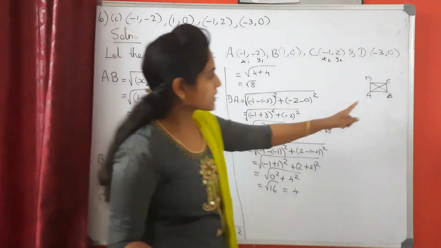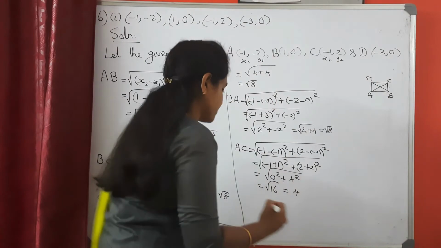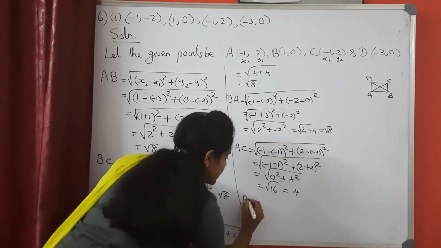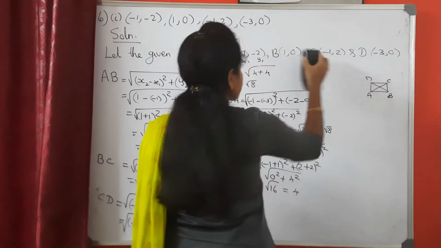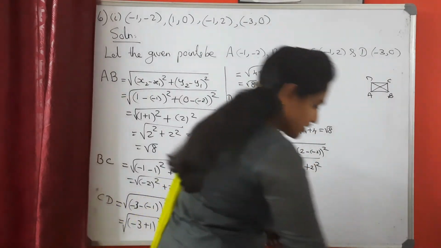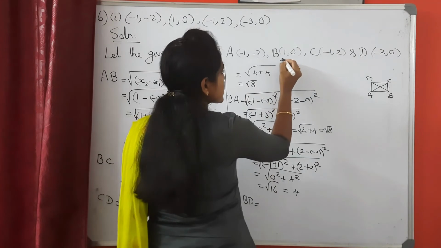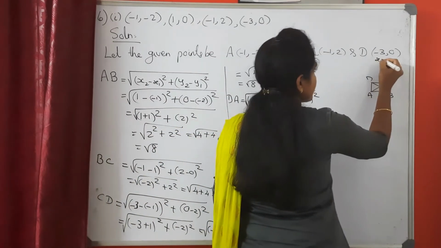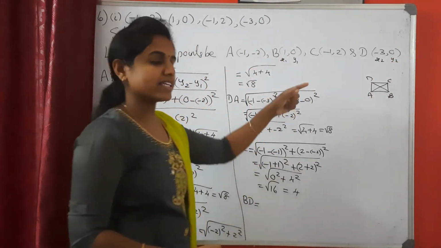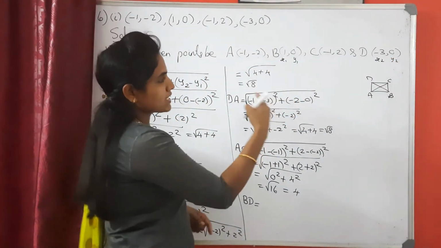Next we need to find one more diagonal, BD. BD equals... now this is the x1 value, this is the y1 value, and D. This is the x2 value and this is the y2 value. Apply the values in the distance formula. What is the distance formula?